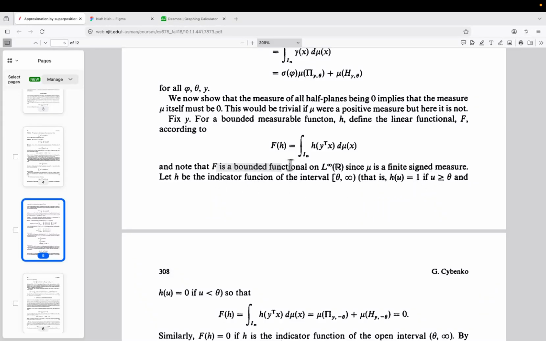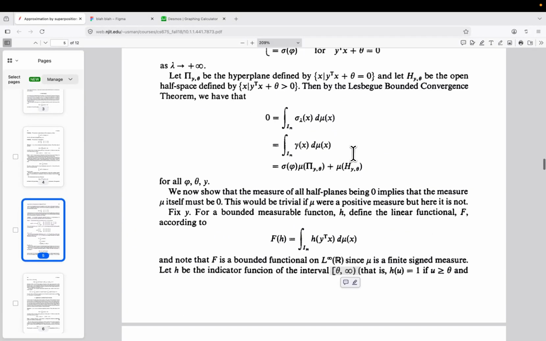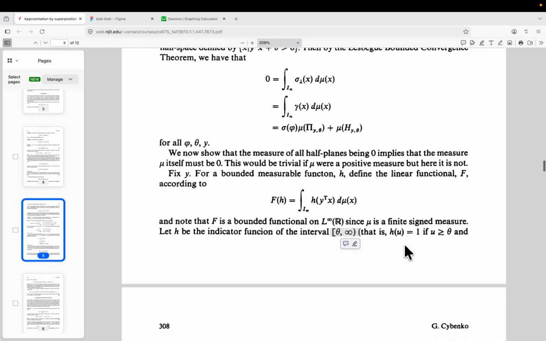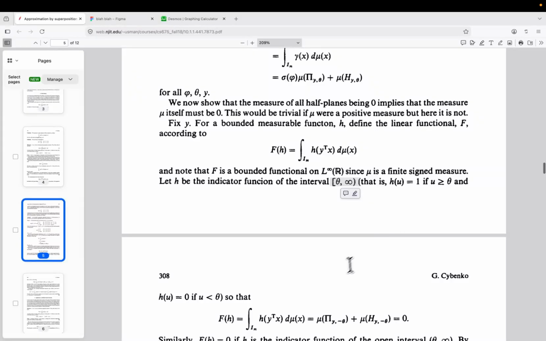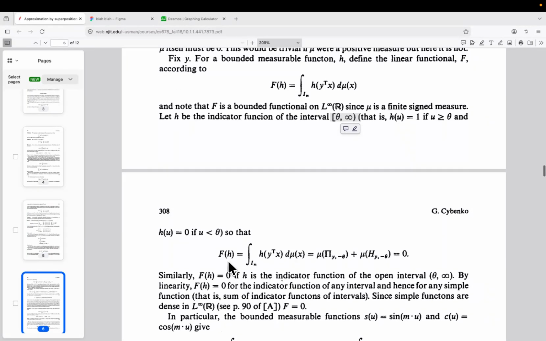Noting some property of f: let h be the indicator function of the interval. So we're creating an indicator function for this interval. Just understand what an indicator is, we don't need to break it down.